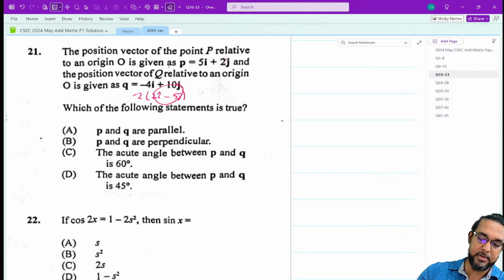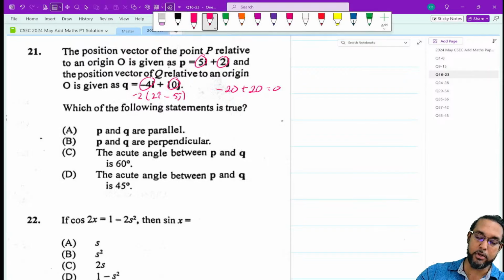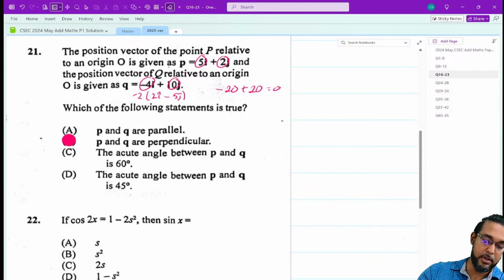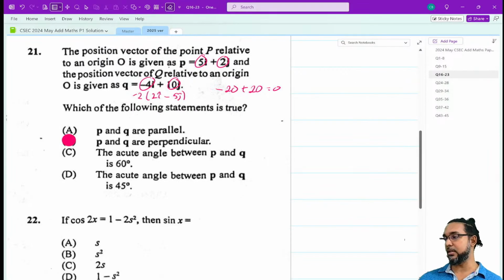But that doesn't match this. As a matter of fact, the coefficients switch, which leads me to believe that they're going to be perpendicular. If you multiply 5 by minus 4, what do we get? Minus 20. And 2 by 10 is 20. Minus 20 plus 20 is 0. And when the dot product of two vectors is equal to 0, the angle between them is 90, which means that they are perpendicular. Yeah, that's correct.